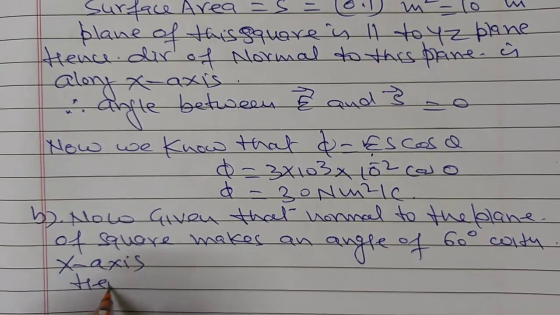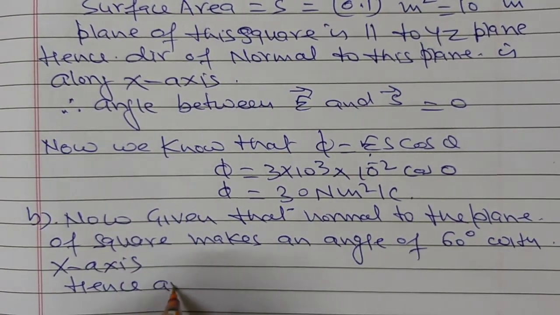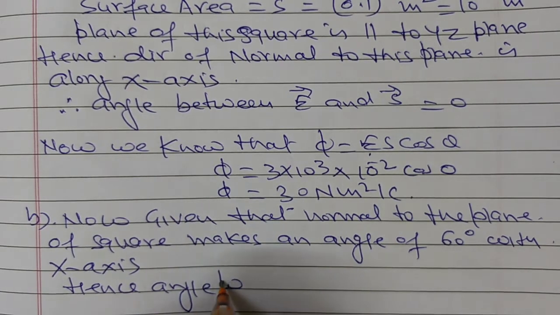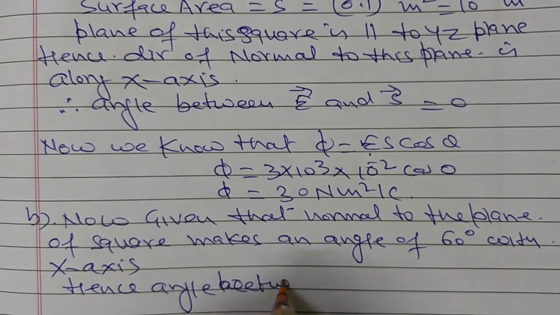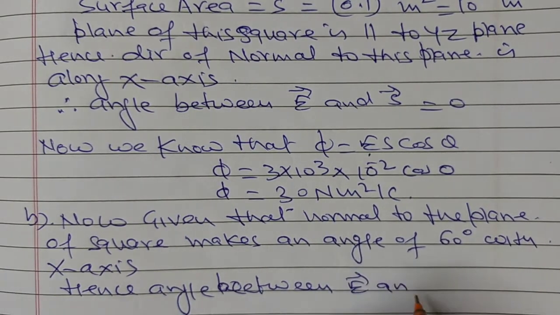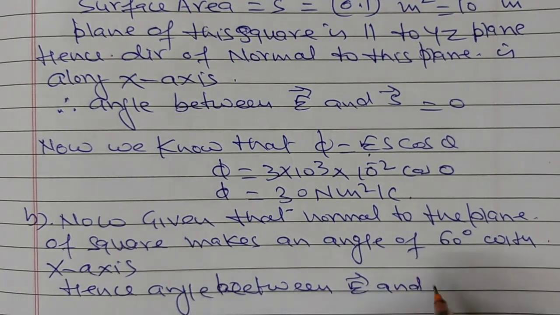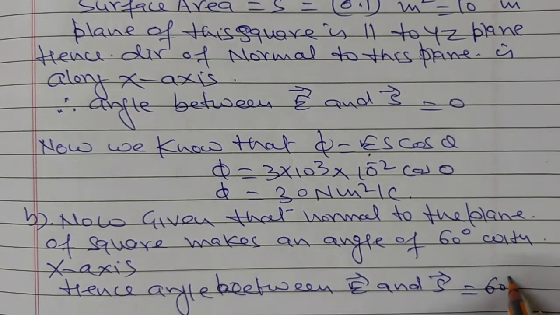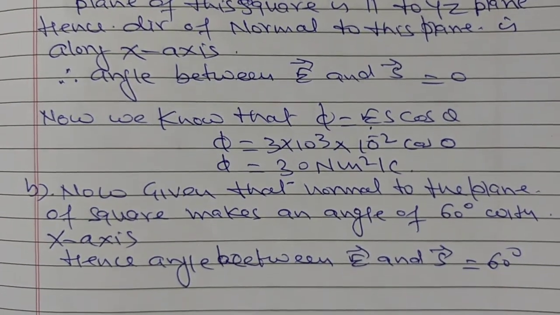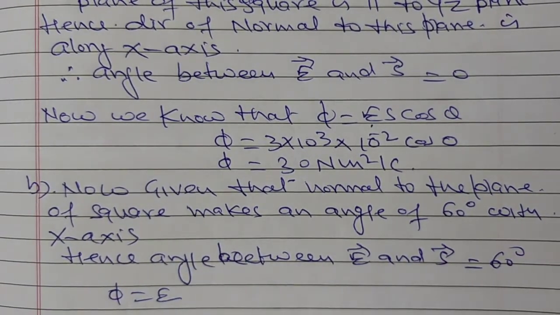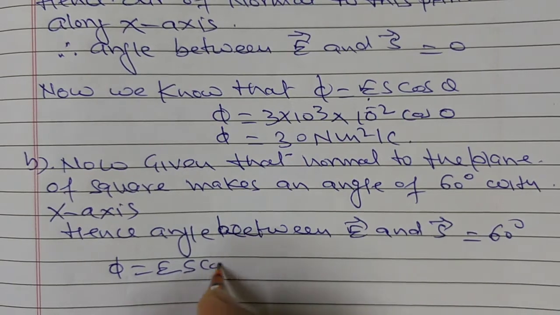Hence, now angle between E vector and S vector is equal to 60 degree, and we know that E into S into cos theta.